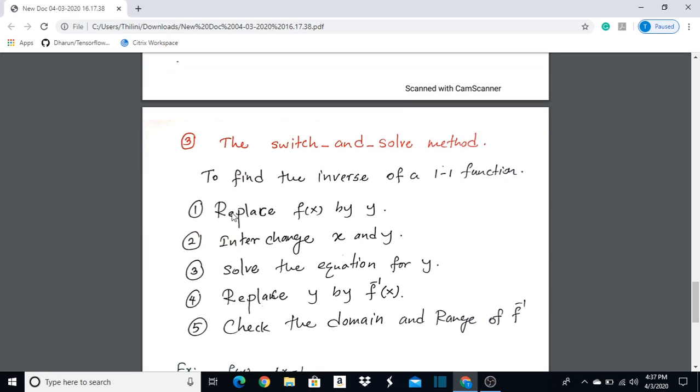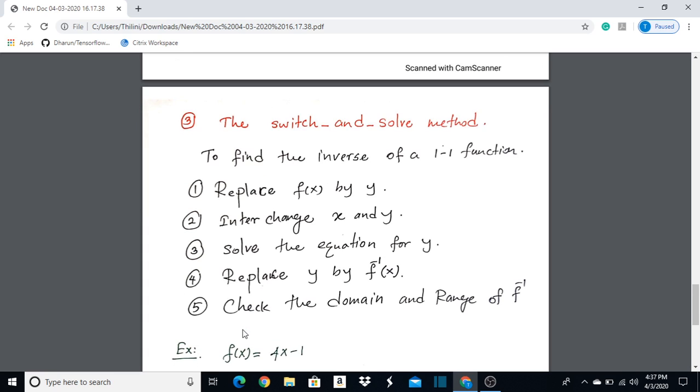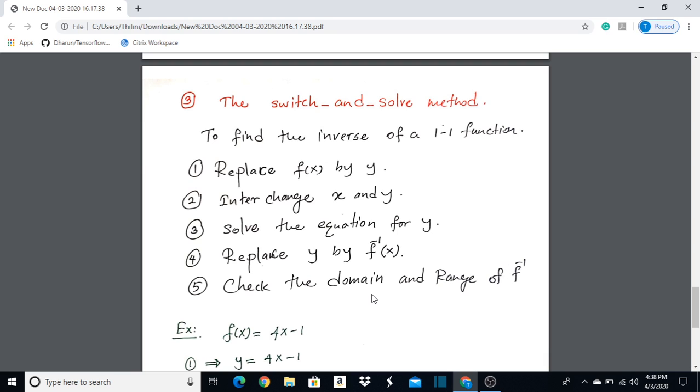First, we replace the f part of the given function by y, and then we interchange x and y, and then we solve that equation for y, and replace that y by f inverse of x. By this we have obtained our f inverse function, and then we can check the domain and the range of the f inverse function, because the domain should be the range of the f function and the range should be the domain of the f function.